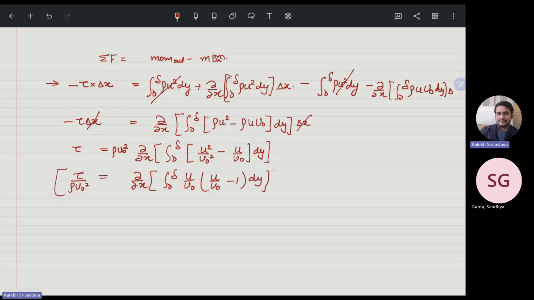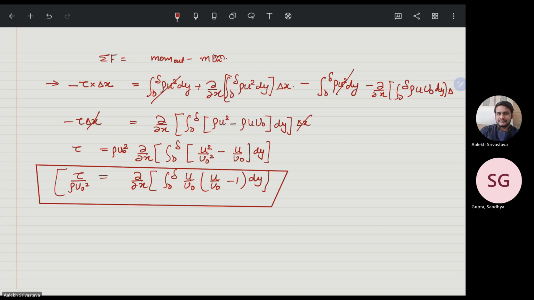This is the general expression of the integral methods of solving the boundary layers.